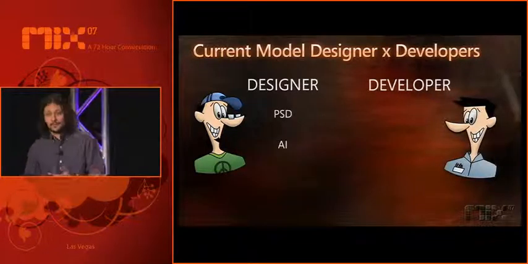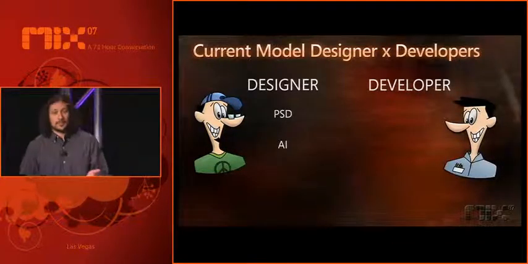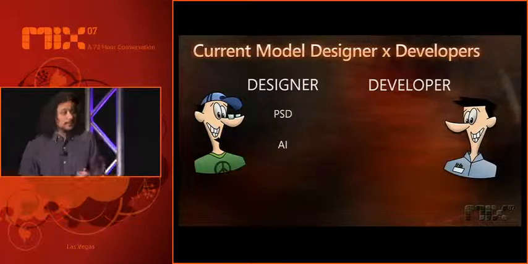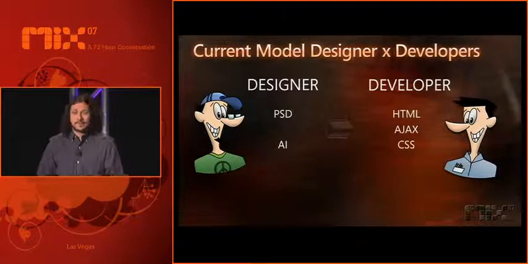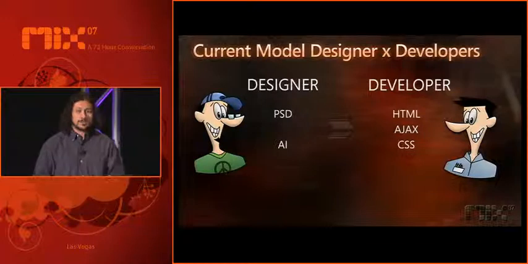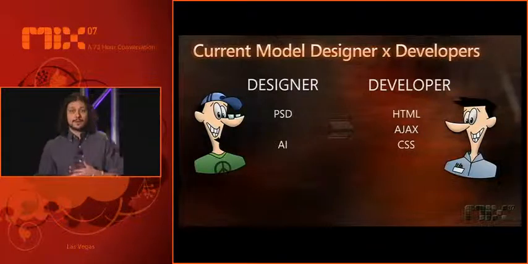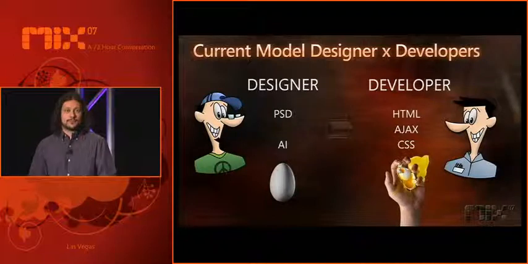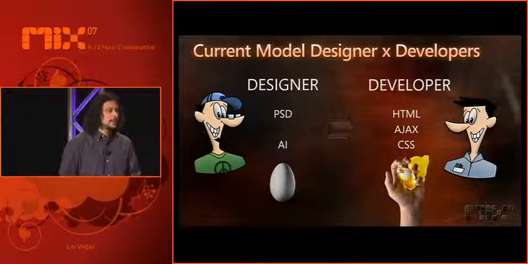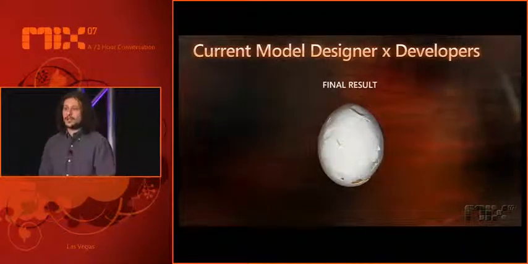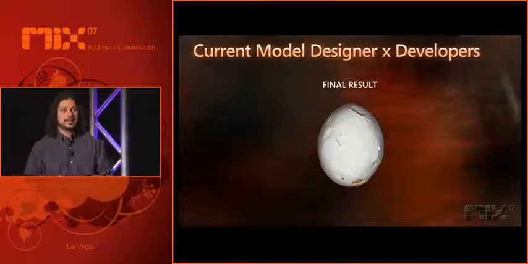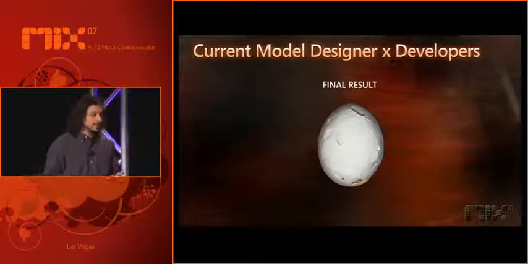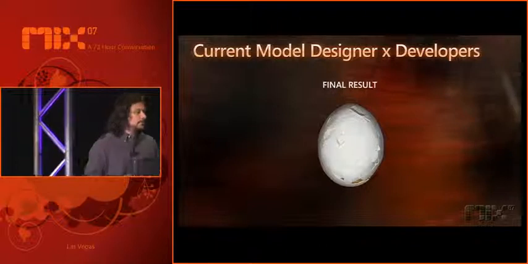Designers work with PSD, Adobe Illustrator, or maybe Flash. And developers have to deliver HTML, Ajax, CSS. So there's no way to make the first design go to the final delivery without destruction. And of course, the final result, as you saw this morning, is not exactly how the designer wanted.